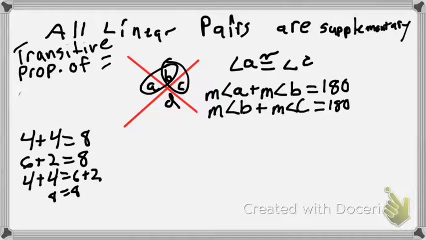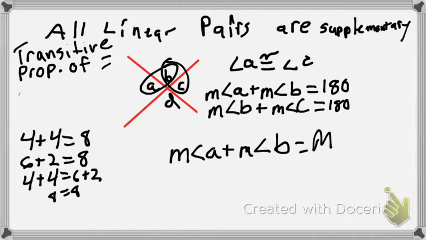So because they're both adding up to 180 degrees, it means that they have to be equal to each other. The same way that 4 plus 4 is equal to 6 plus 2, the measure of angle A plus the measure of angle B equals the measure of angle B plus the measure of angle C. And that's the transitive property that we just used.